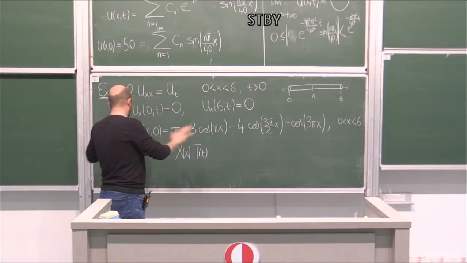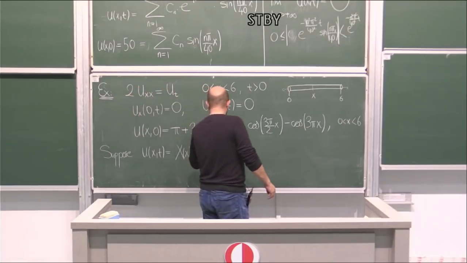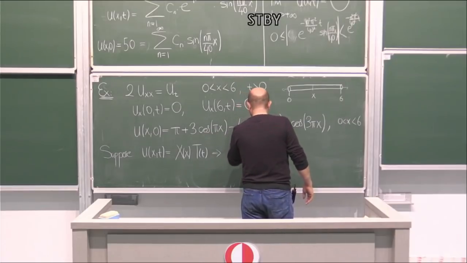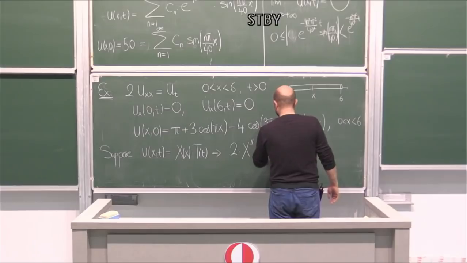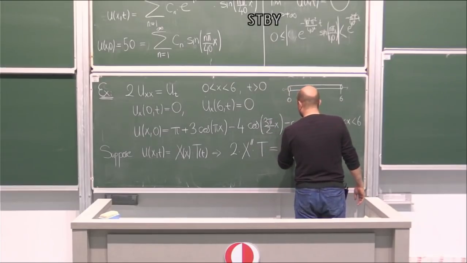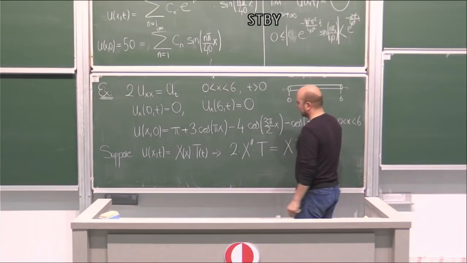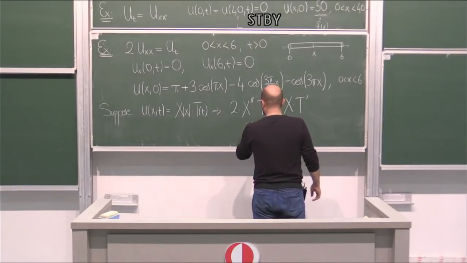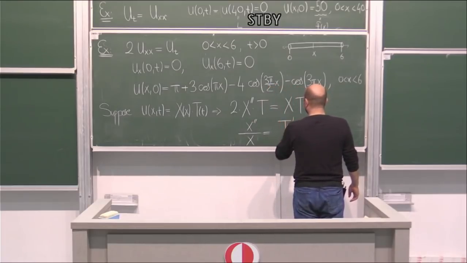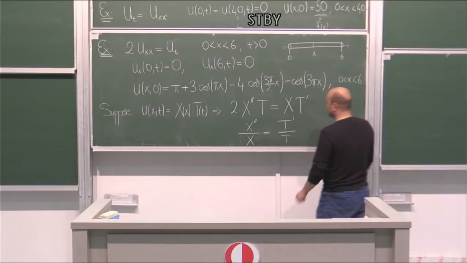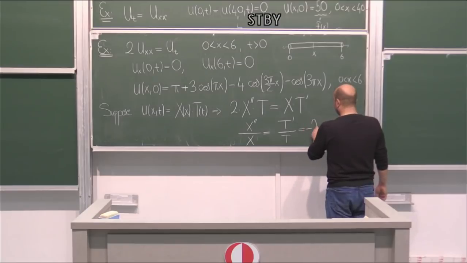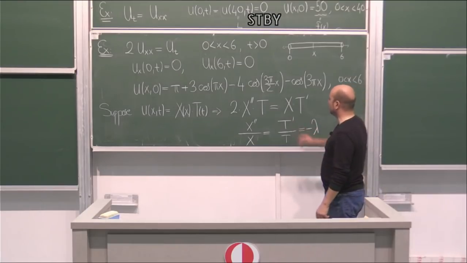This time, our equation is still the same. It's the same heat equation. So we have 2 times X double prime times T is equal to X times T prime. If you do the separation, we get X double prime over X is equal to T prime over T. And if they are equal to each other, we know that they must be constant. So we said it's minus lambda.